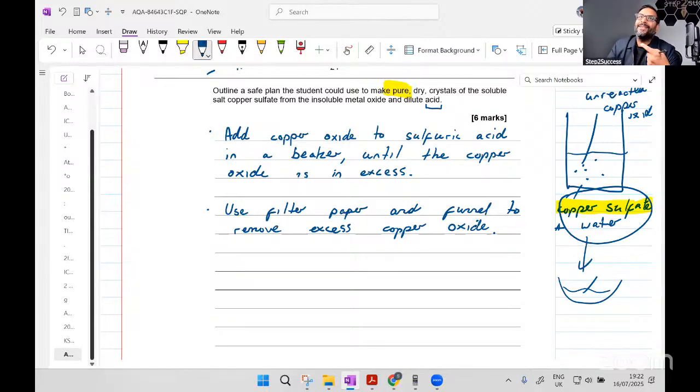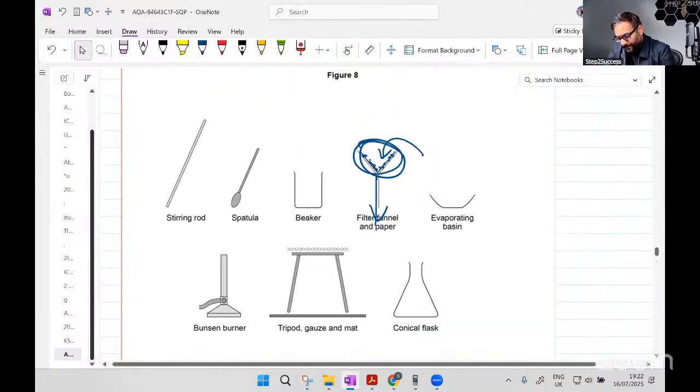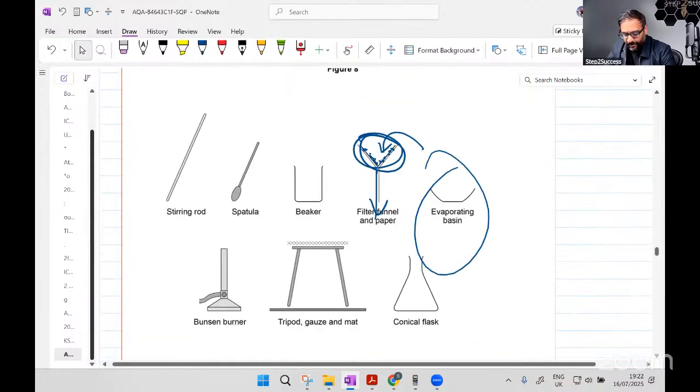But we still now need to get rid of the water. How do you get rid of the water from here? You heat this, and you normally heat the solution in an evaporating basin. That's why there's an evaporating basin pictured here. You could have said other things like mix it with a stirring rod and all that sort of rubbish.